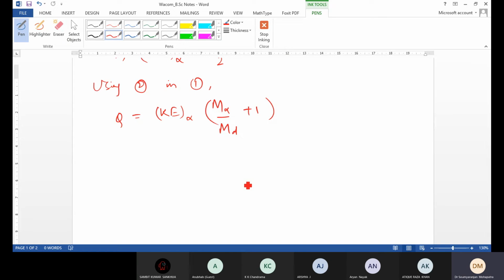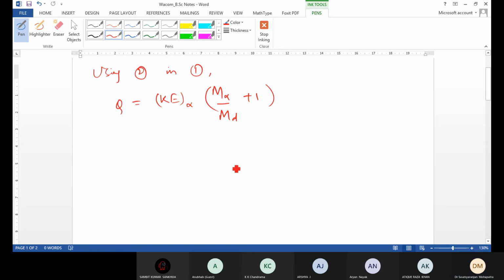So from this equation, what we will get? This ratio m alpha by md is nearly equal to 4 by a minus 4, because this is the alpha particle, so you know what 4 is and what this a is.